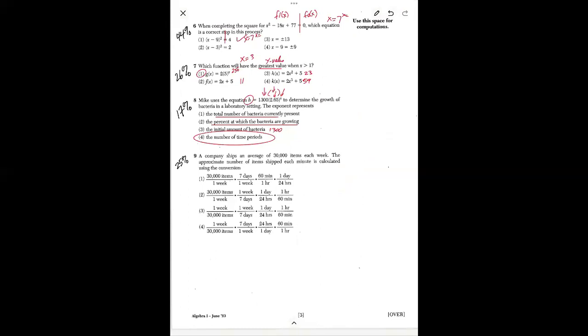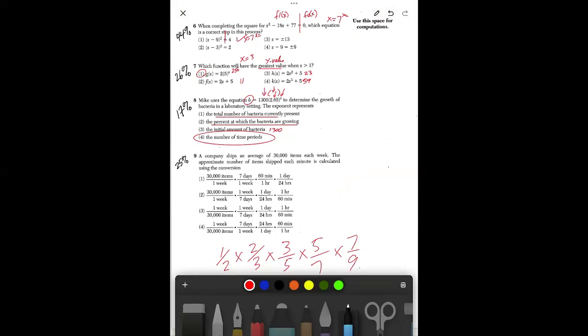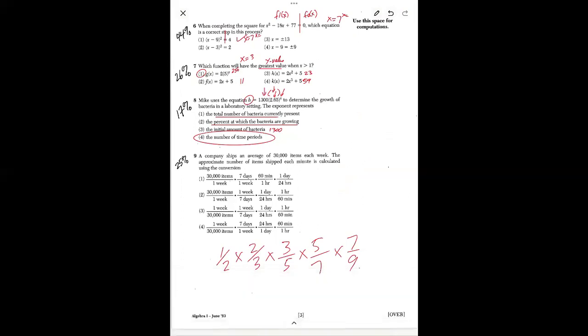All right, so I'm just going to go down here. Look, if I have 1/2 times 2/3 times 3/5 times 5/7 times 7/9, what would that be if we multiplied all of these fractions together? Some of you would struggle with this, but there's a really important idea here.